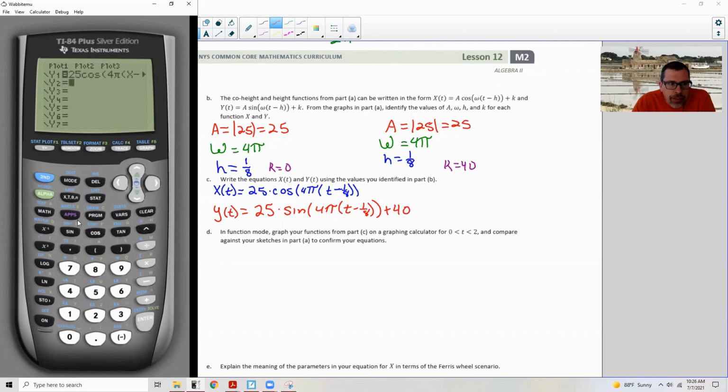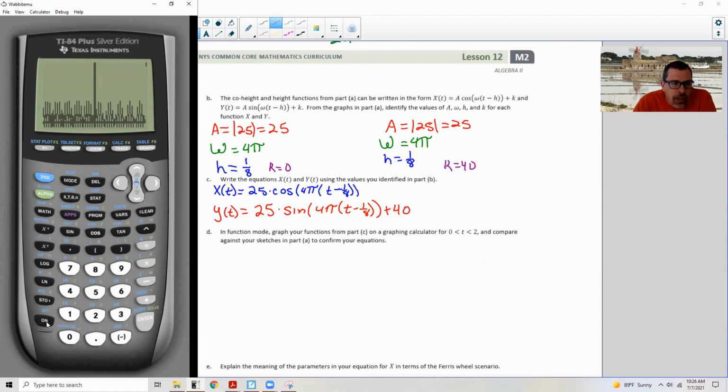And then for y of t, I'm going to put 25 sine 4 pi parentheses x or t minus 1/8 plus 40, and graph it. Okay, one thing I forgot to do is change my t from 0 to 2, which is our x.